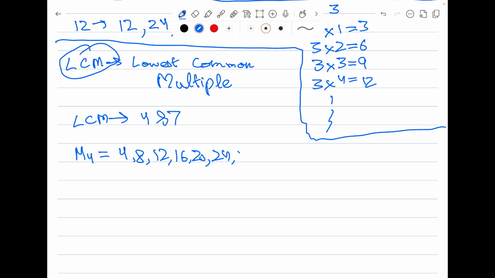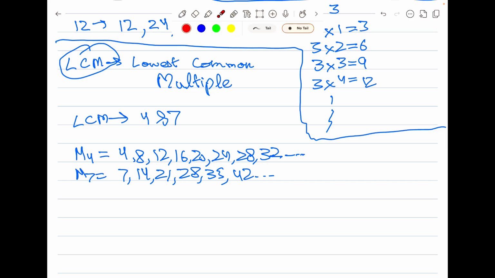So let's stop at 32 and write out the multiples of 7, which are 7, 14, 21, 28, 35, 42, and so on. Right? So we don't need to go further. We can examine this list of multiples for both numbers, right? And you can find the lowest common number in this list.